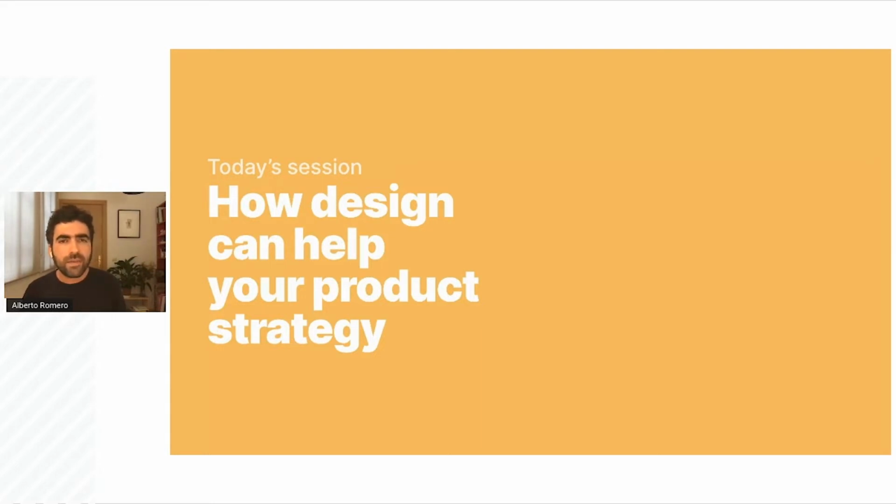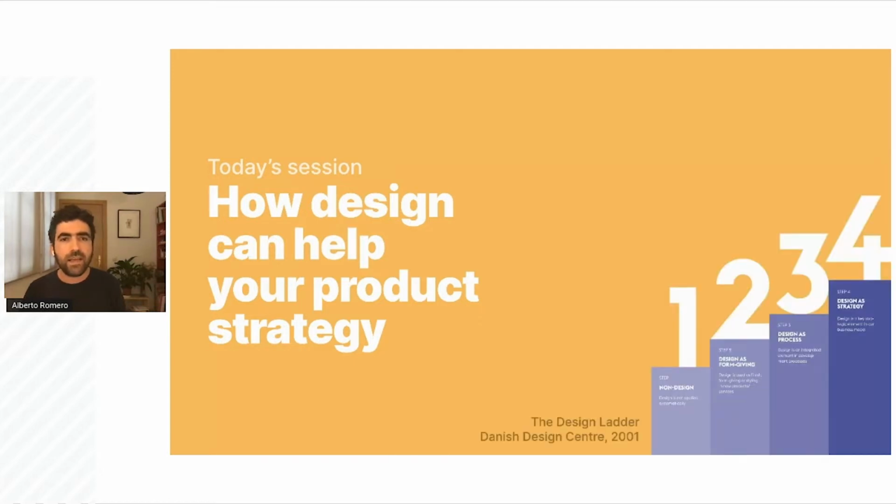Now, why I think this is relevant, other than because I tend to look at things through the lens of design. Well, this is the design ladder that was developed by the Danish Design Center back in 2001 as a communicative model for illustrating the variation in companies' use of design.